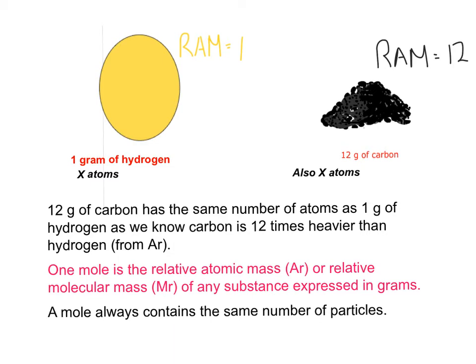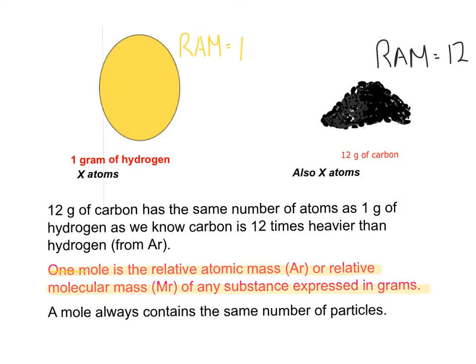And there's our first definition that we are going to write into the box on page 134. So 1 mole is the relative atomic mass, the Ar if it's an element, or like we'll see shortly, if it's a compound, it's the relative molecular mass expressed in grams.